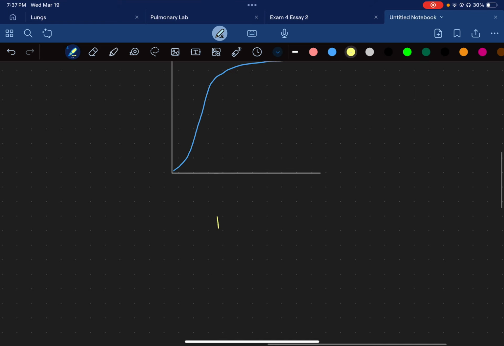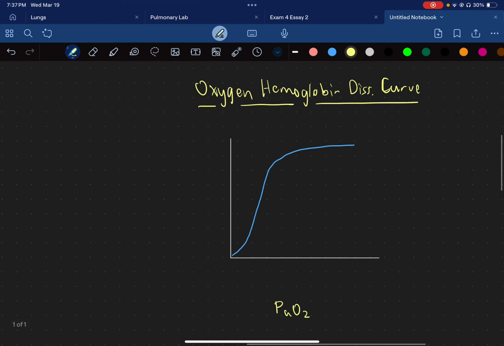Down here we have the arterial pressure of oxygen. And then over here we have the percent saturation of hemoglobin.